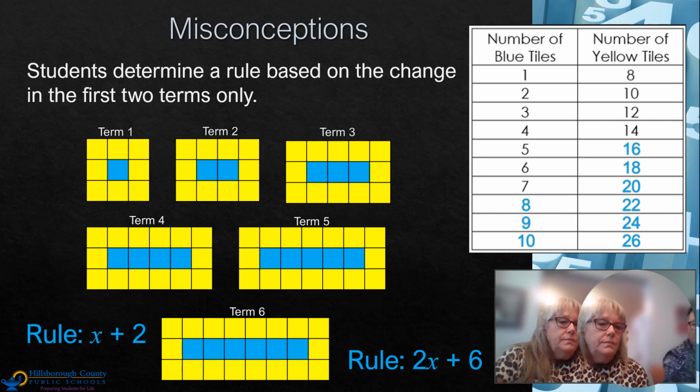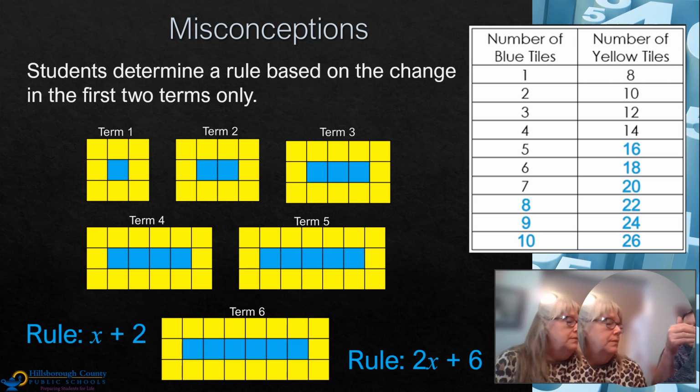You have to look at how many consistent yellow tiles there are in each term. And I can see that if I think about the sides, there are 3 on the left side, 3 on the right side.